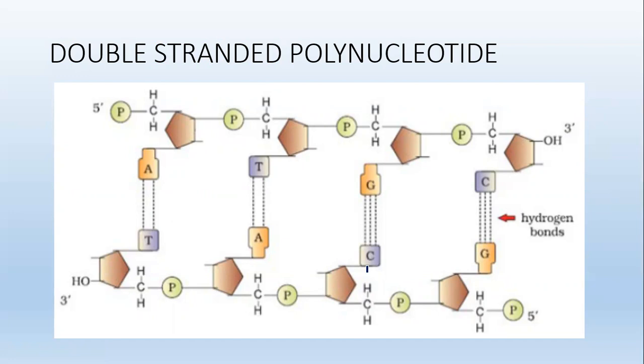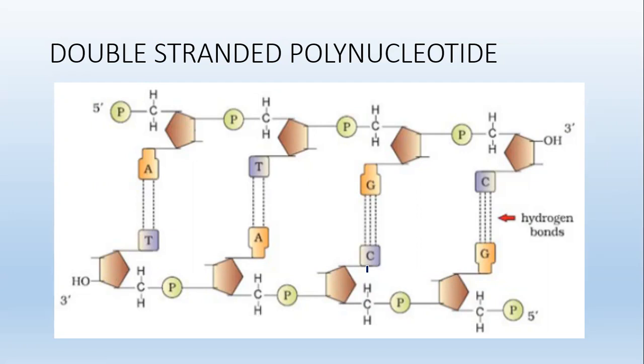Three hydrogen bonds. So if someone asks you, if I want to break the bond between these nitrogenous bases, which bond can I break in an easier way or in a faster way?